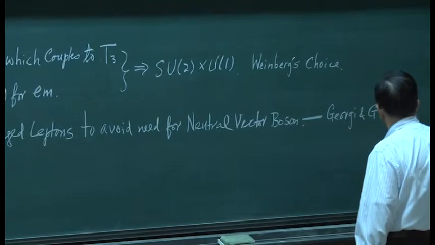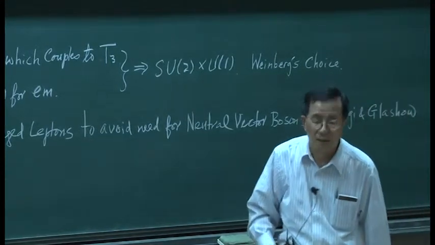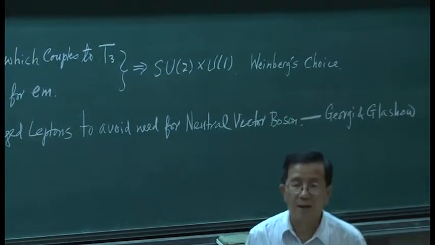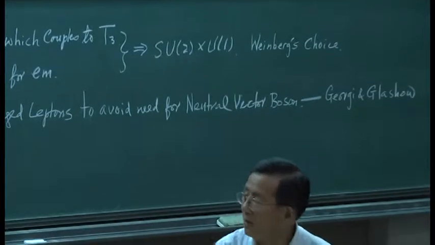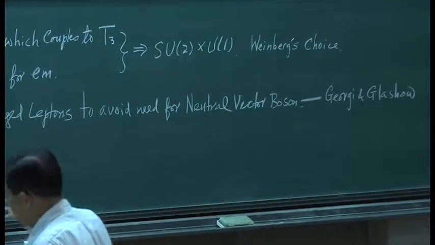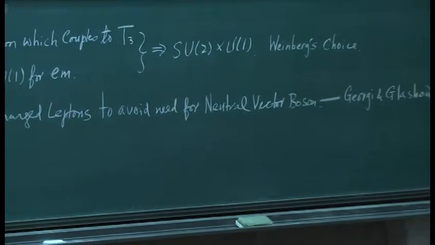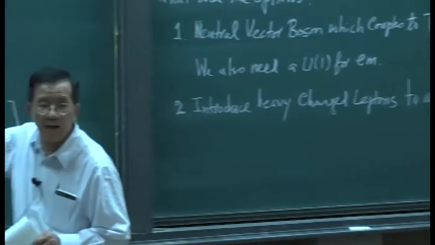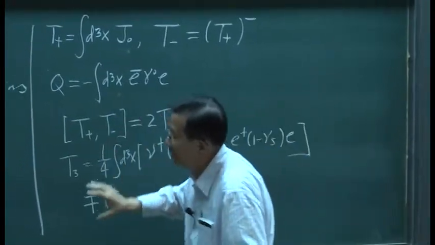How does it work? This heavy charged electron option, how does it work? You make sure that the charged electron current turns out to be equal to this. But in order to do that, you have to introduce others.